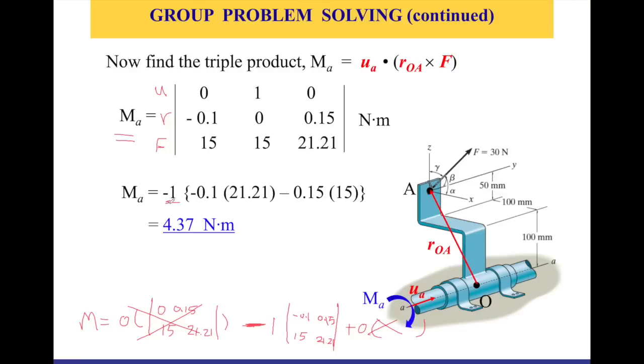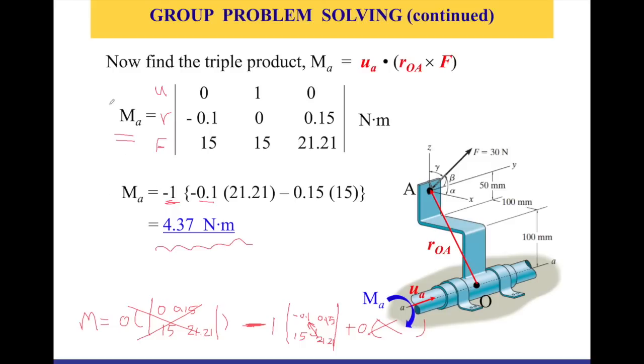This is the -1. This is your minus 0.1, and you multiply it with the 21.21, and then minus the off diagonal 0.15 multiplied by 15, and you end up with your moment as 4.37 Newton meters. And this is how we calculate the moment about an axis.